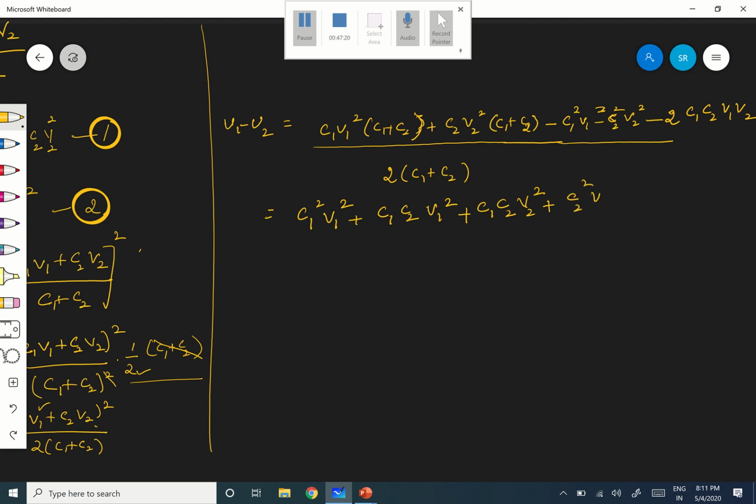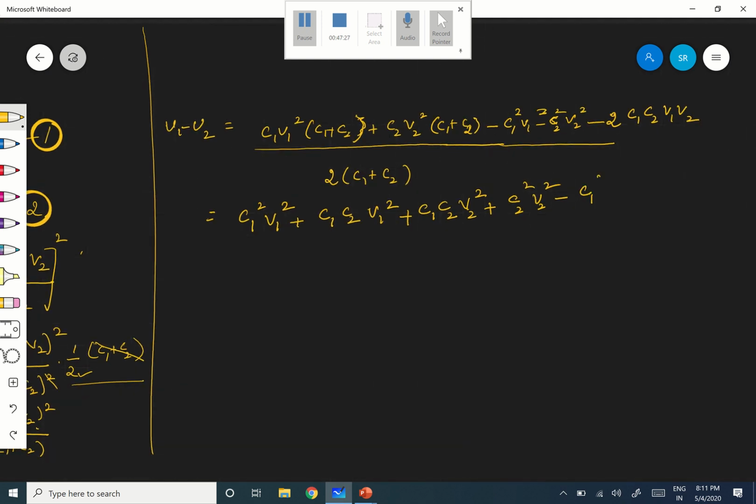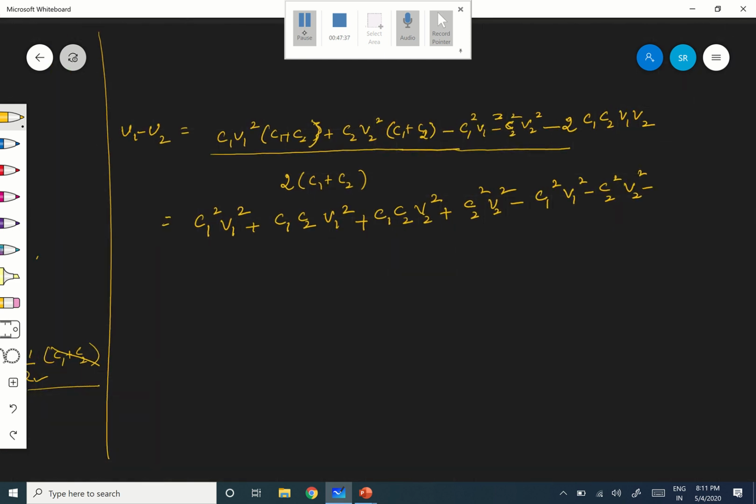C2 squared V2 squared, okay, minus this one now, C1 squared V1 squared minus C2 squared V2 squared minus 2 C1 C2 V1 V2, divided by 2 into C1 plus C2.